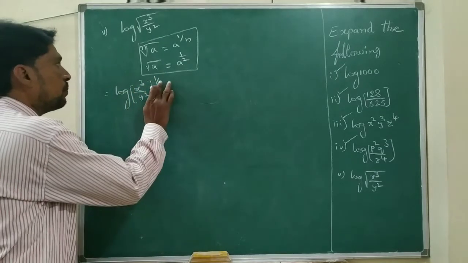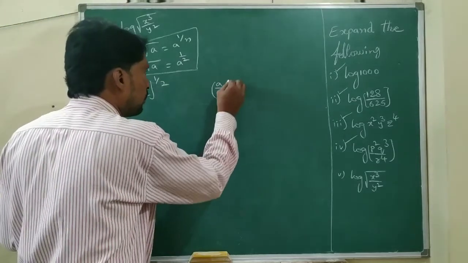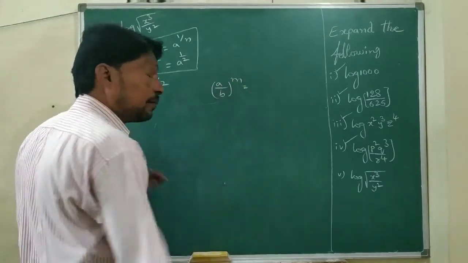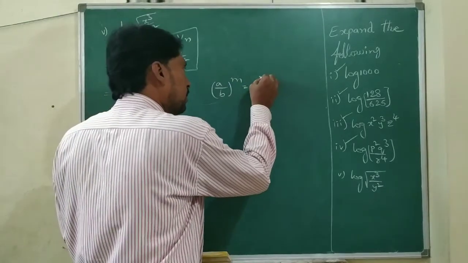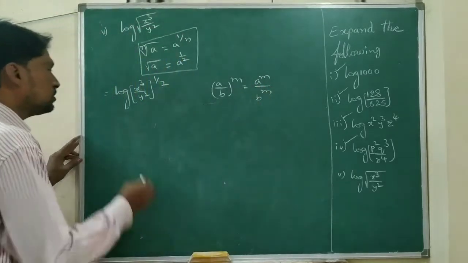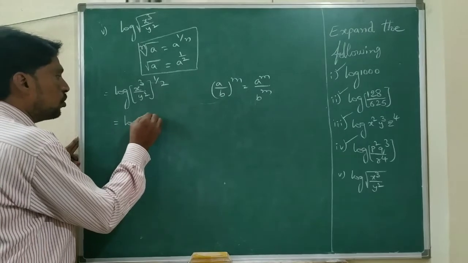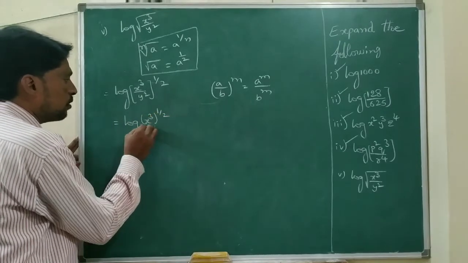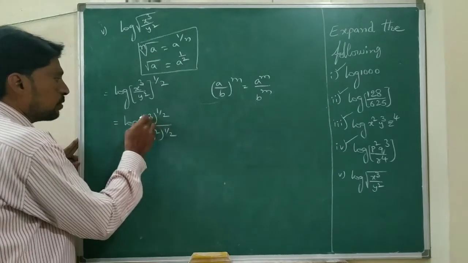It is of the form a by b whole power m. What is the formula here? a power m by b power m. Like that we write log of x cube whole power 1 by 2 by y square whole power 1 by 2.